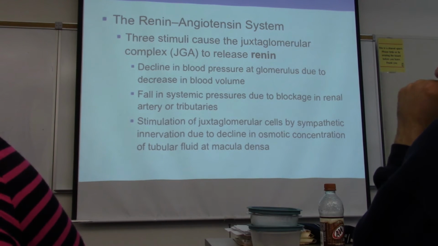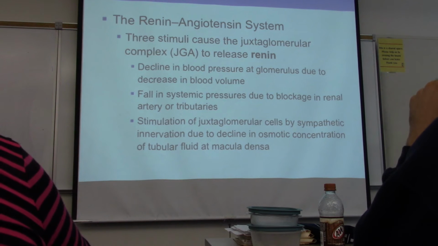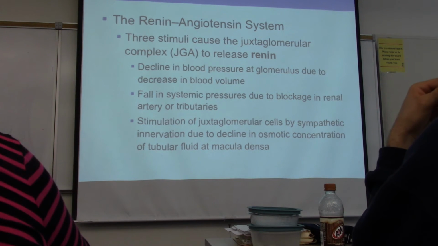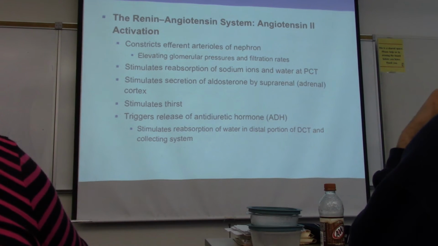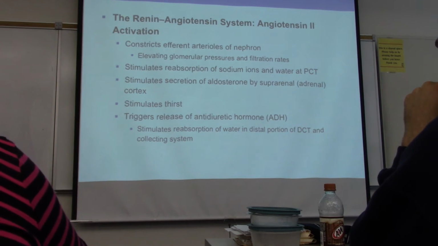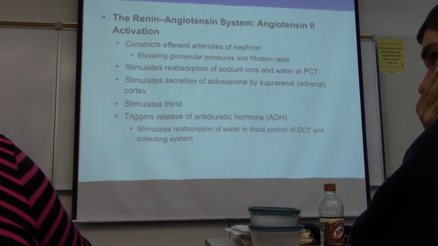There's some special cells in there which are part of this thing called the juxtaglomerular complex that release renin. If you release renin, it's going to make you hold on to water and so forth. So I'll just leave that at that. Once you make renin, renin does all these things for you that are just what you'd think, everything from making you hold on to water to stimulating you to make you thirsty, so you drink more water.